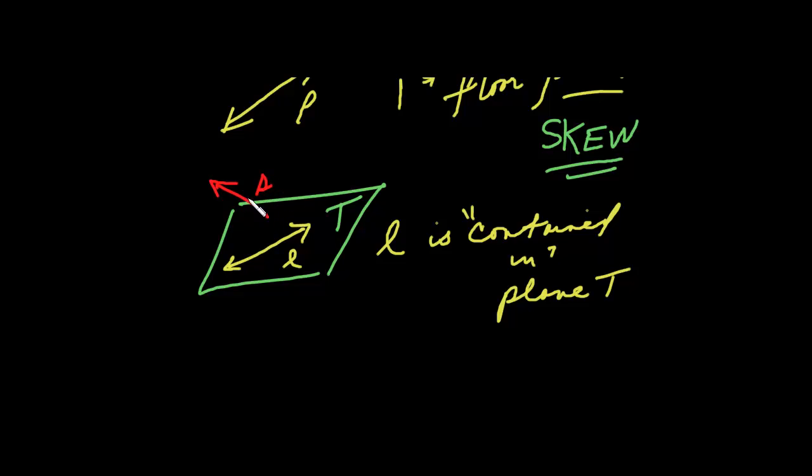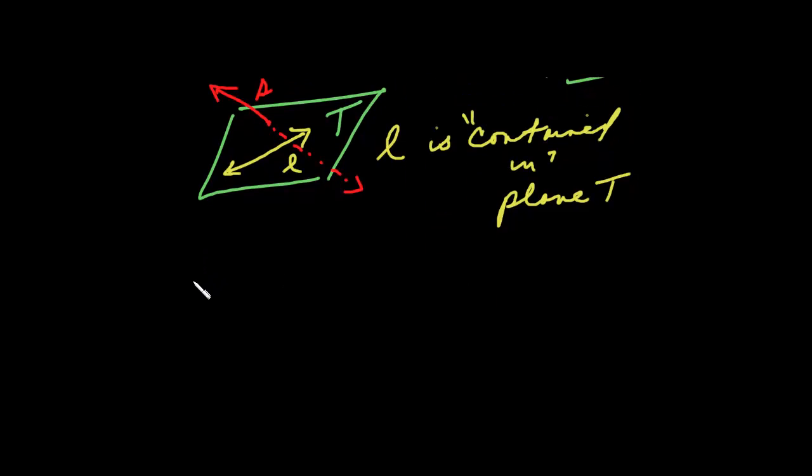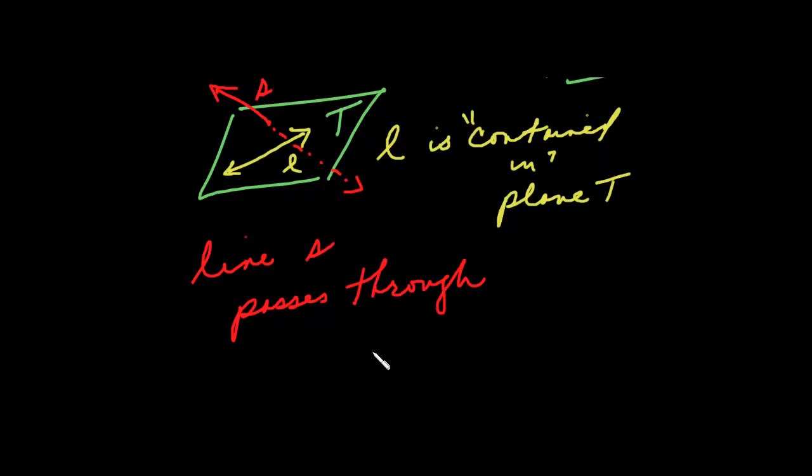Now line S, as you notice, goes up in the air here, and it has this point of intersection where it touches the plane. Now we're going to represent the rest of S with these dotted segments because it's like an arrow piercing this paper or this plane, and therefore this line S passes through plane T. Interesting stuff.